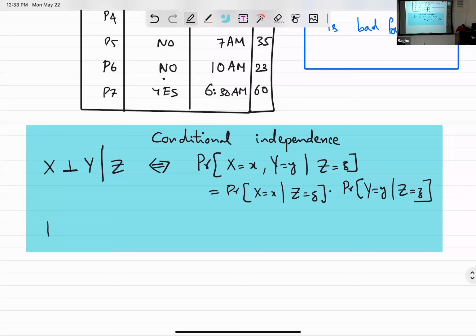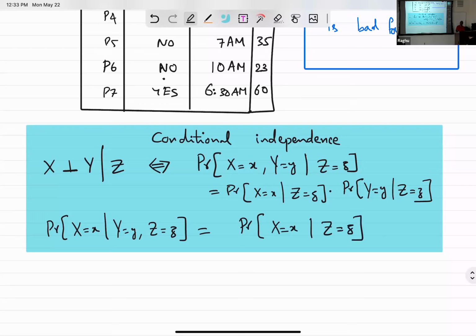Another way to think about it is the distribution of X conditioned on Y and Z is the same as the distribution of X conditioned just on Z. So conditioned on people having the same age, is there a correlation between having heart condition and waking up time? If you look at that, that might give you a good indication.